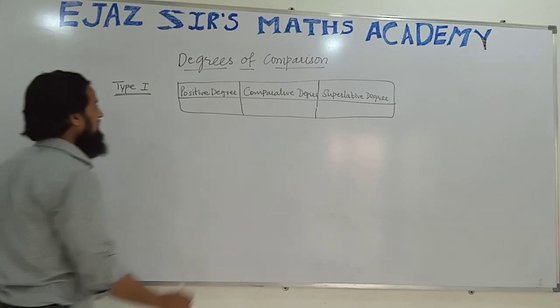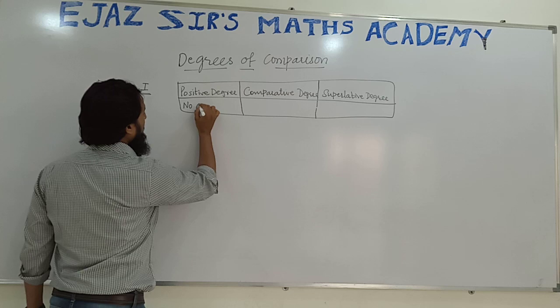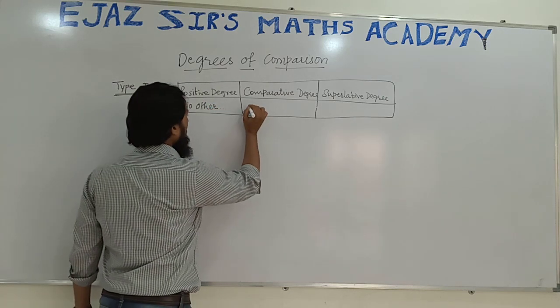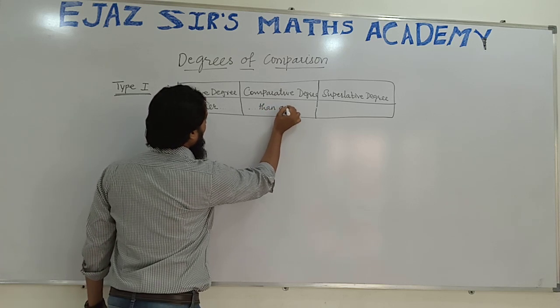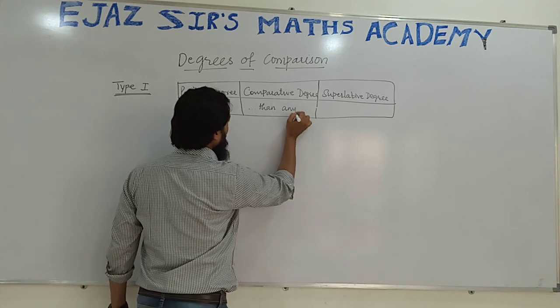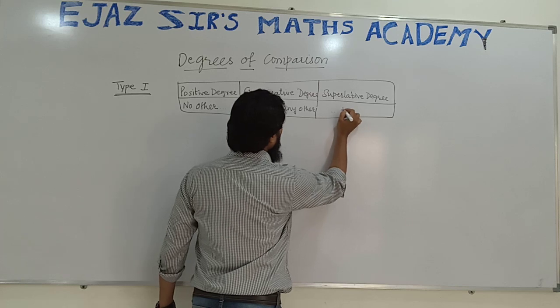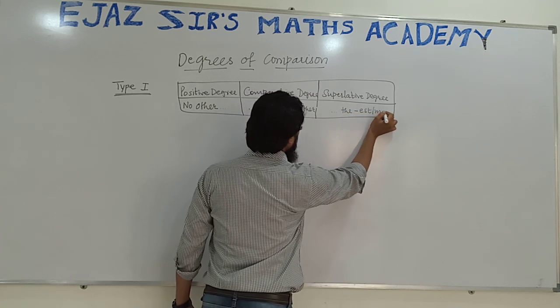They are very easy. Positive degree will be no other, dot dot dot, than, any other, and here it would be the EST or most.